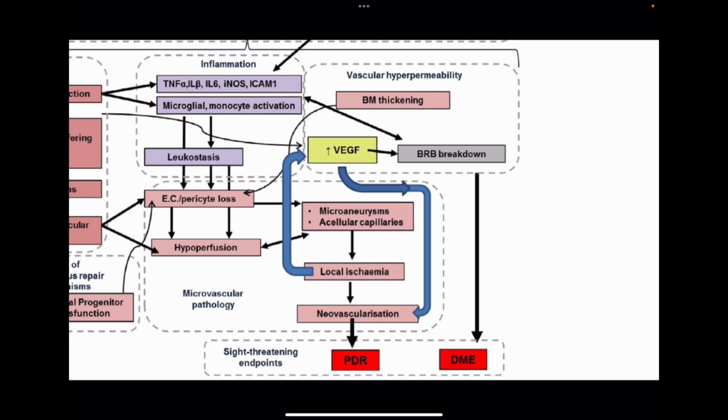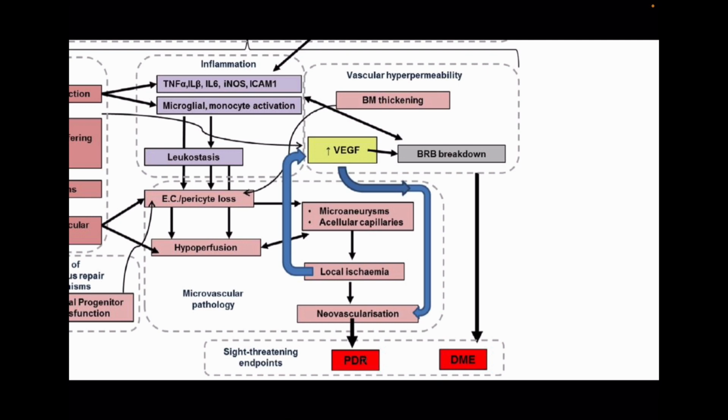So first, what happens is that there is vascular dysfunction. Due to basement membrane thickening, which is the first histological feature of diabetic retinopathy, there is damage to the endothelial cells and the pericytes.